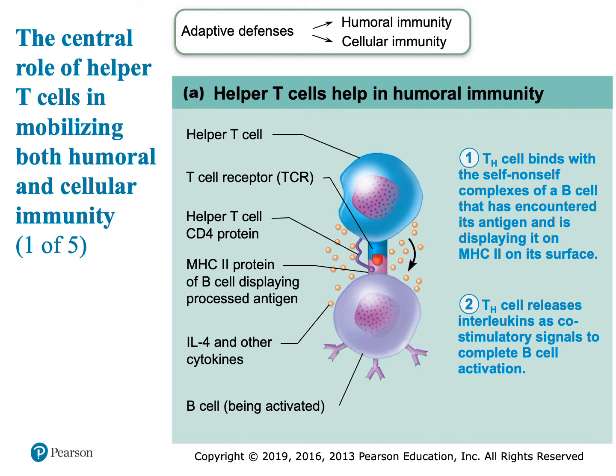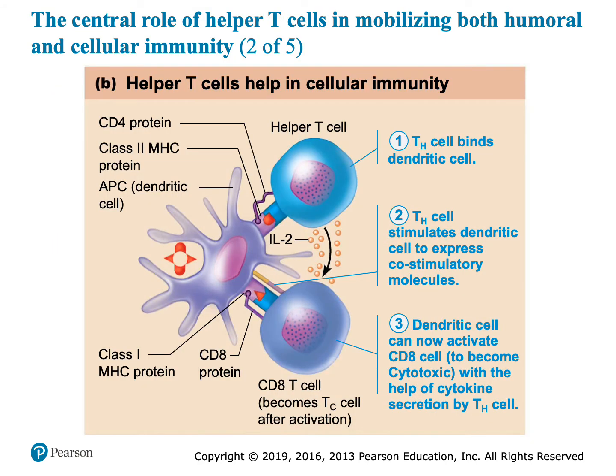Same idea, just in picture form. I love pictures. Same thing here. We have this T helper cell, and he is linking up with a dendritic cell presenting an antigen. And here we go. We've got this killer cell who is also linking up with him, and he's learning how to do his job.